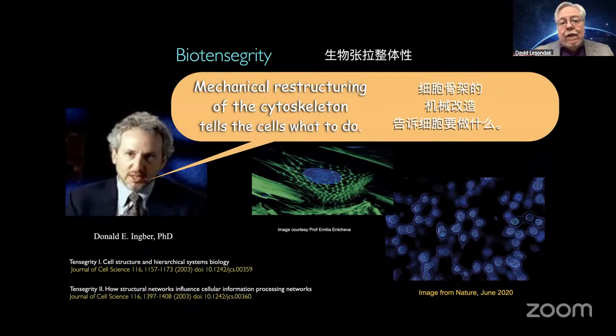So mechanically restructuring the cytoskeleton of the cell, the tensional network inside the cell, can change the function of the cell. Now, he did experiments with this. He found out a lot of things, but your takeaway from this is when cells were allowed to round, they tended to go into apoptosis, which is cellular death.